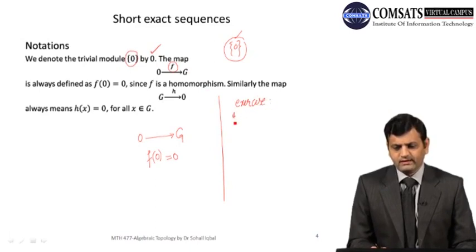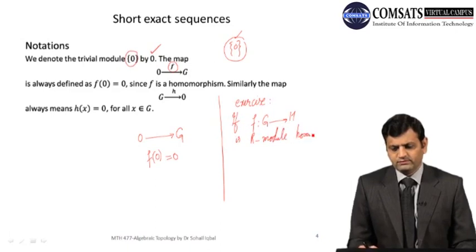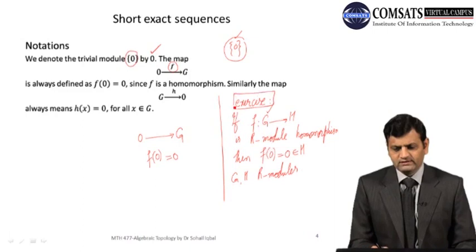If f from G to H is an R module homomorphism, then f of 0, where 0 is the additive identity of G, must be equal to the 0 which is the additive identity of H. Of course G and H are taken to be R modules. I'm leaving this as an exercise for you to solve.